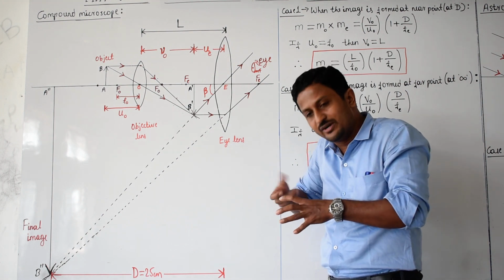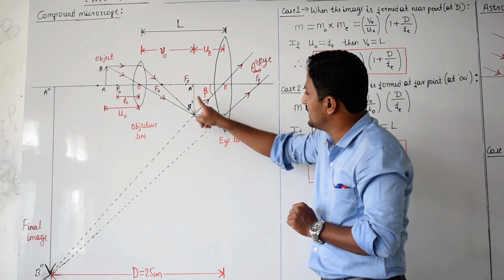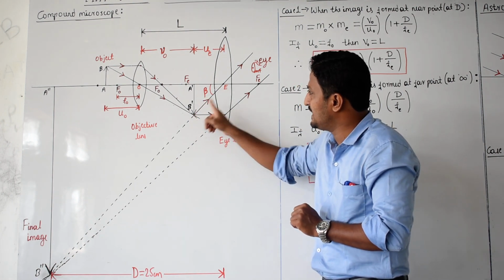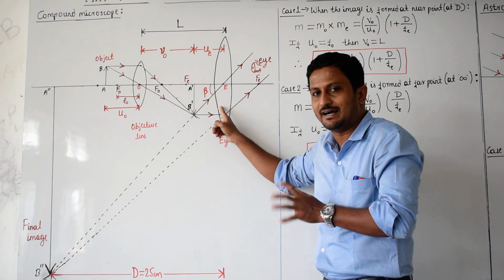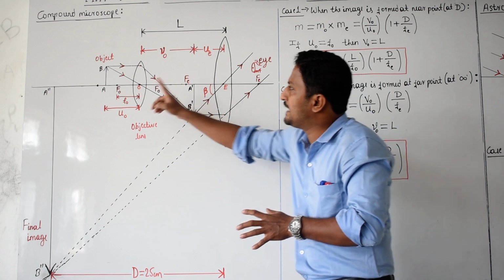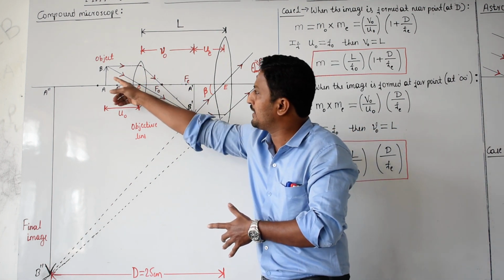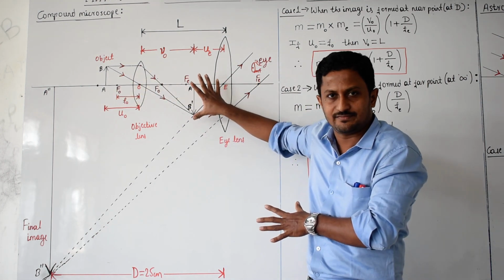You see here, what are we doing here? A dash B dash is the object for this eye lens. AB is the object for the instrument, and that AB right now got enlarged.